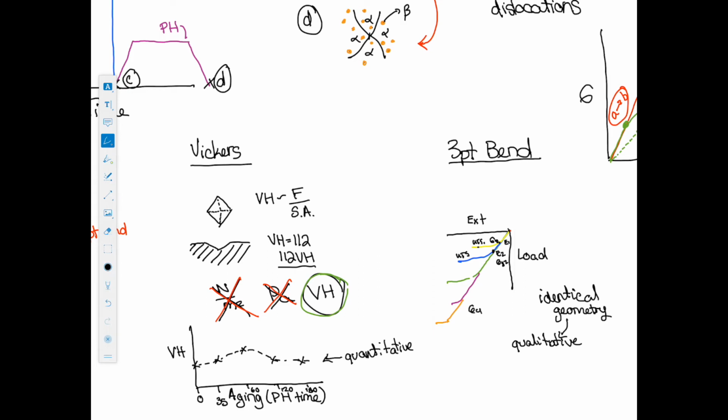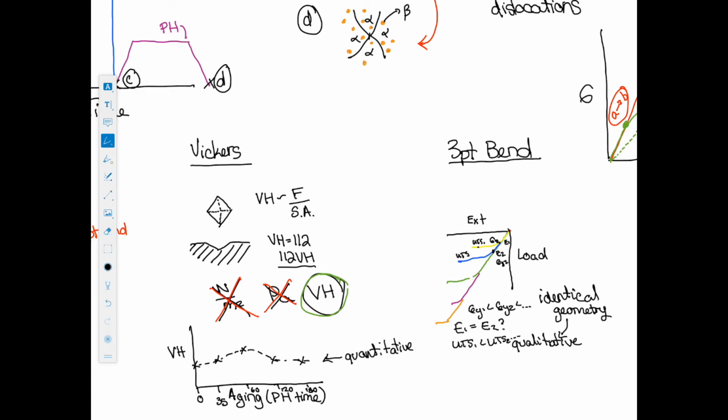Please compare your qualitative yield strengths. Yield 1 is less than yield 2, is less than so on. Is E1 the same as E2? Is it different? And so on. And UTS, same thing.